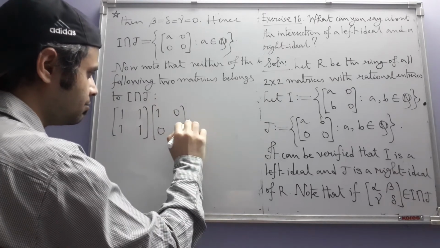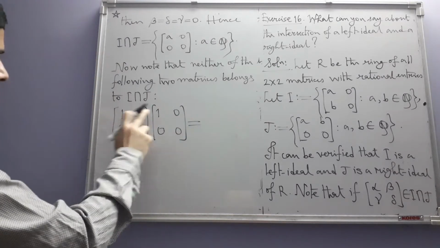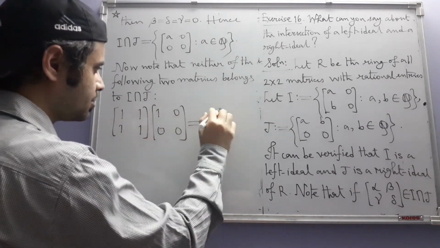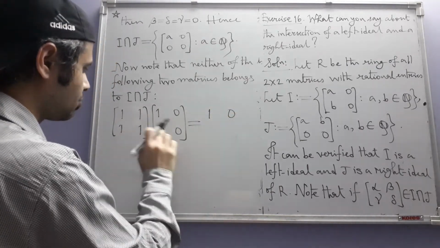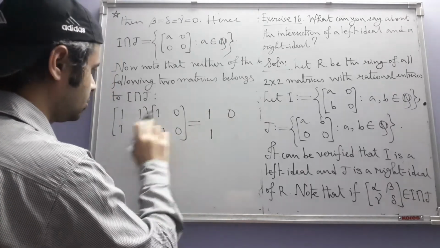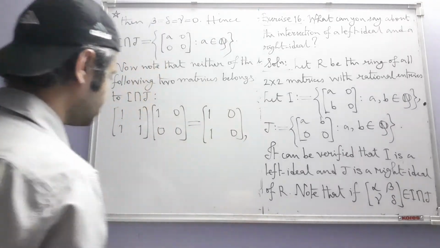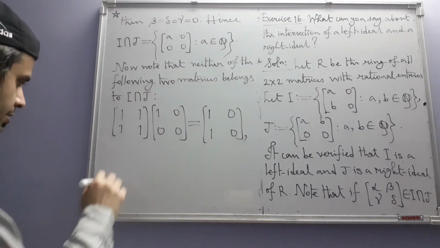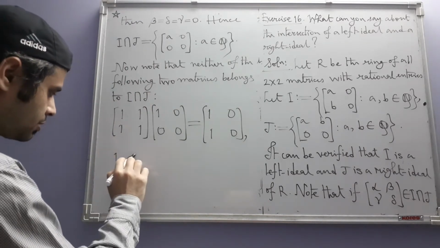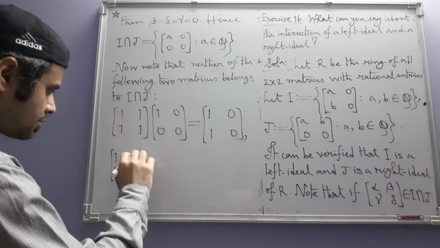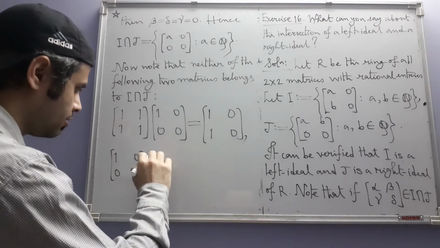What do we get when we multiply these two? 1 plus 0 is 1, 0 plus 0 is 0, 1 plus 0 is 1, 0 plus 0 is 0. This is one matrix, and the other matrix is not the same product, but it involves the same factors in the opposite order.